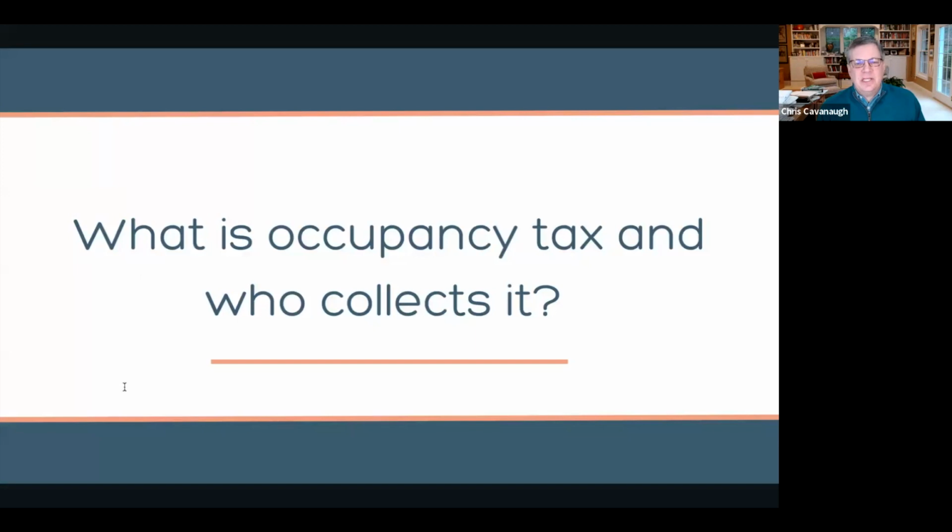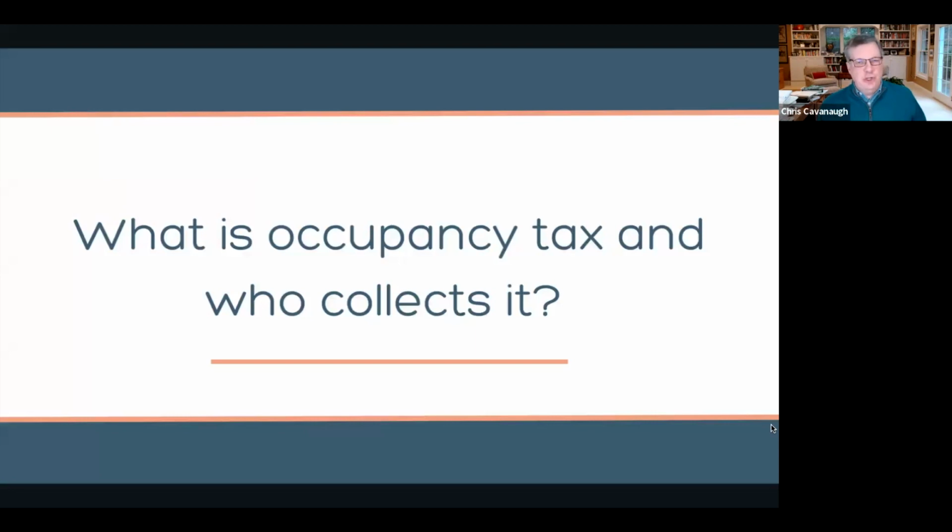And it is collected by the owner or in some cases by the facilitator of the rental. We'll talk more about that a little bit later on. And then that revenue, that small charge, is then sent by the owner or facilitator to the county or municipal finance office where that rental occurs.